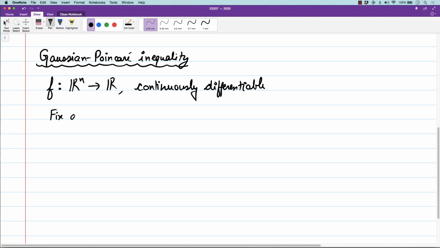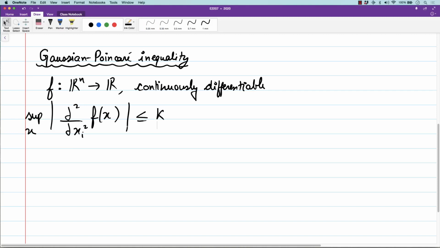Look at the second partial derivative along the ith dimension, and take the sup over x. We assume this is less than or equal to k. So the second derivative is bounded, which is finite. Okay, so this is the continuously differentiable function.